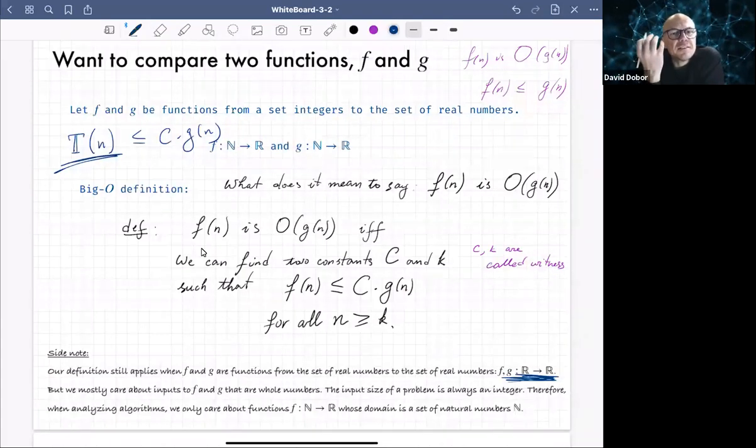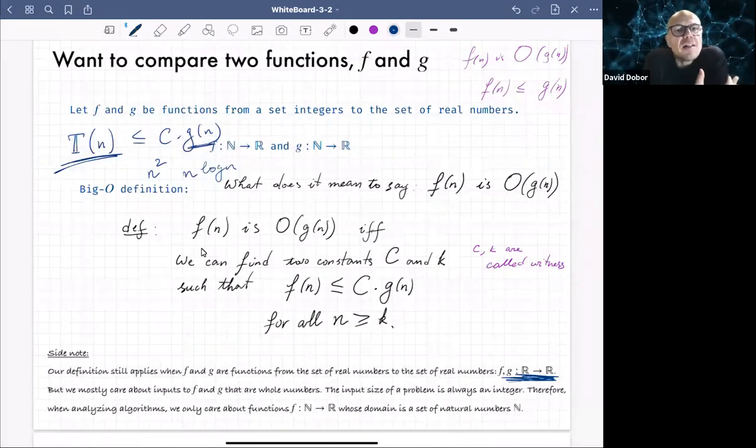The whole idea of big O is to simplify the conversation about the runtimes of algorithms. So your g of n will be some simple looking function, like maybe a polynomial, like n squared or n log n or something like that.